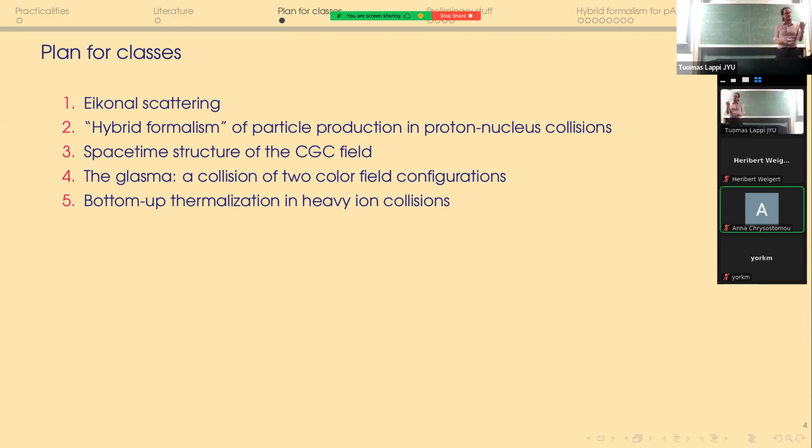Again, I'm sneakily forgetting the minus coordinate here. You get a V in SU(N_c), N_c times N_c, and this is known as the Wilson line.